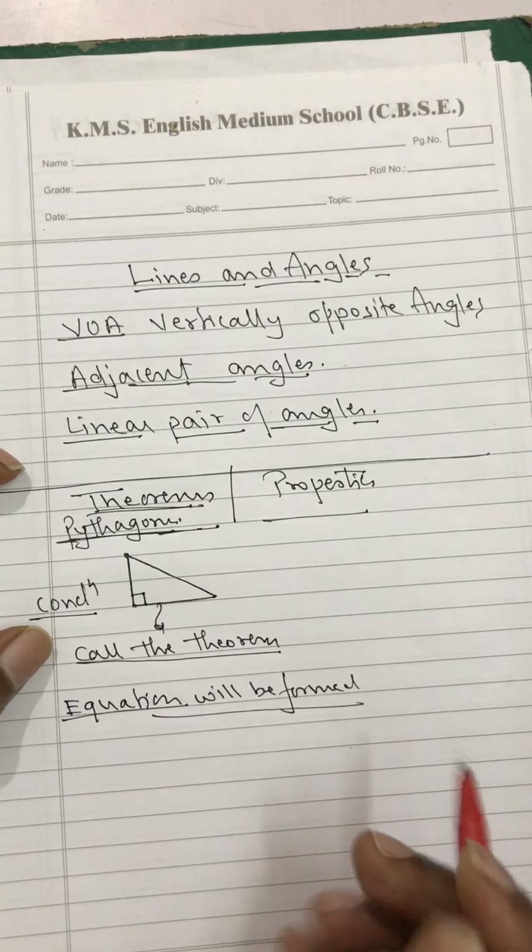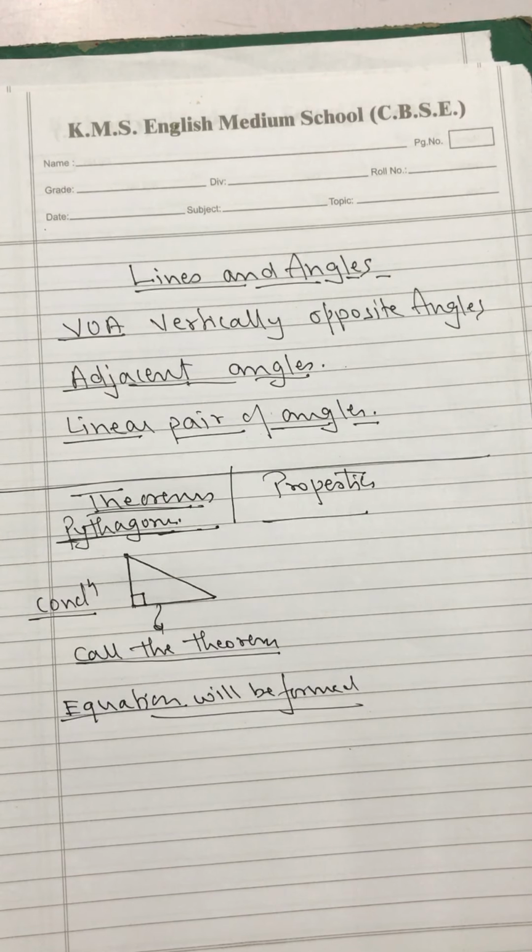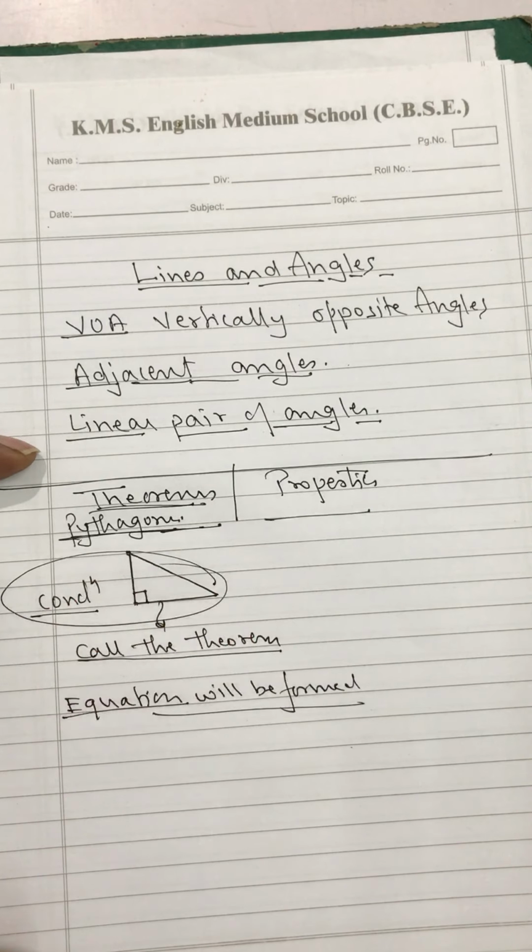Are you getting it, my dear? Try to understand. A huge part of geometry resides on this concept. Whenever you are understanding any new theorem or any new property, you have to understand, first of all, what are the conditions in which the property will be applicable.